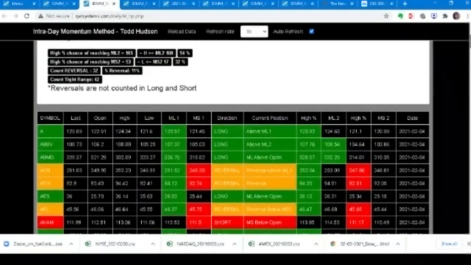Basically, this shows you here that the number of stocks that have a high percentage chance of reaching the ML2 is 185, and approximately right at 100 of them have reached ML2 or greater. What percentage of the stocks have a 50% chance or greater of reaching the MS2? It's 53, and what percentage of the stocks have reached the MS2? It has 17, or 32%.